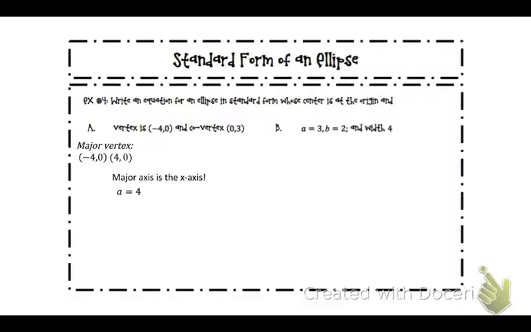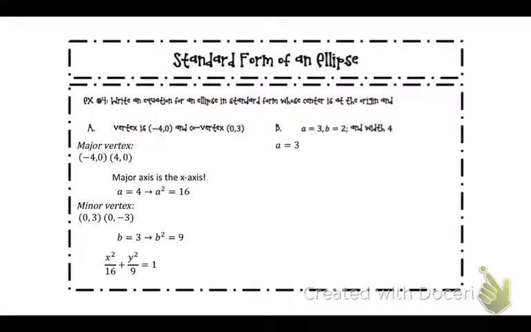And a equals 4, which means a squared equals 16. Okay, and then for the minor vertex, that's (0, 3), which means we also have one at (0, -3), which means b equals 3 and b squared equals 9. My equation here is going to be x squared over 16 because x is your major axis, plus y squared over 9, and that equals 1.